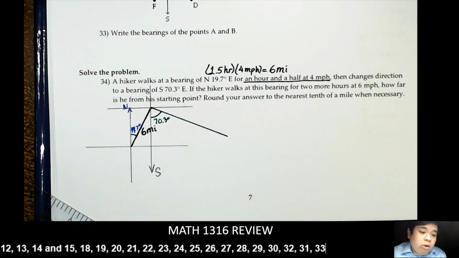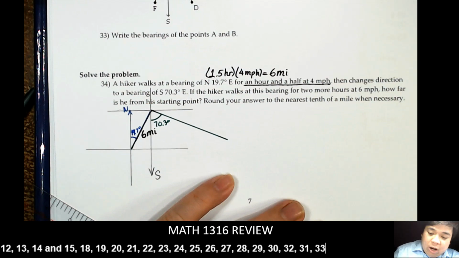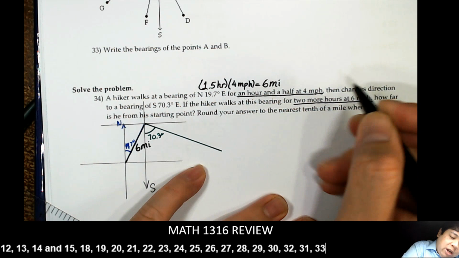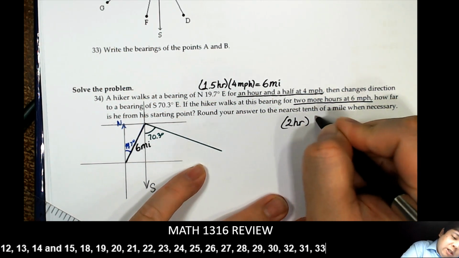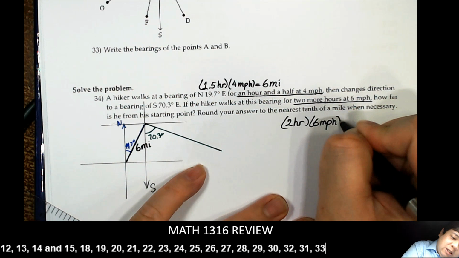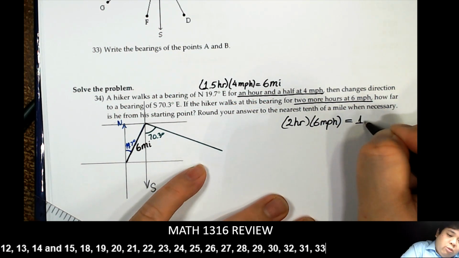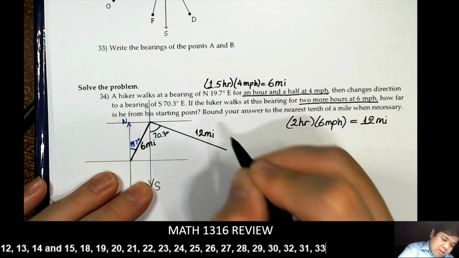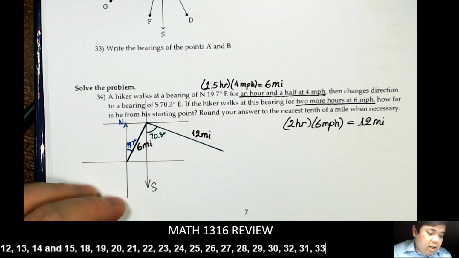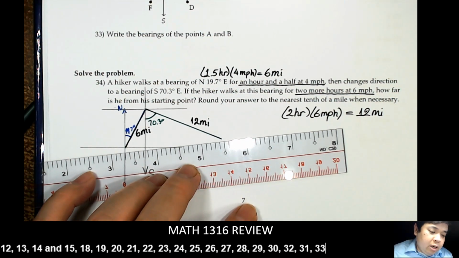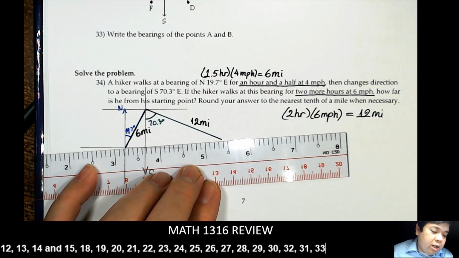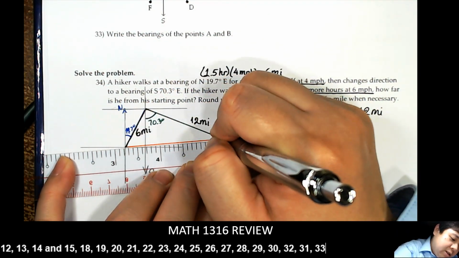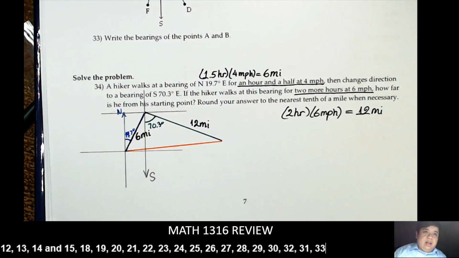And walk like that for 2 more hours at 6 miles per hour. So 2 hours times 6 miles per hour gives us 12 miles. And the question asks, how far is he from the starting point? So we're going to find this distance. Here, let that distance be x.